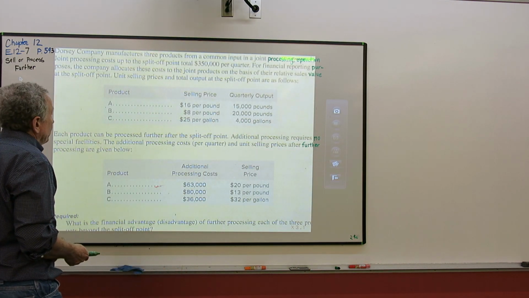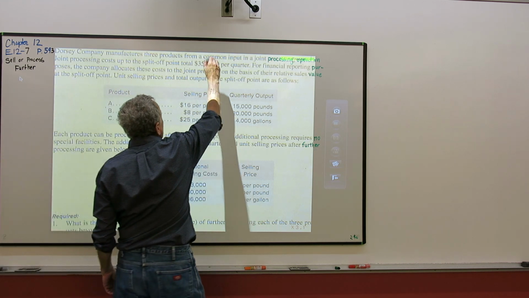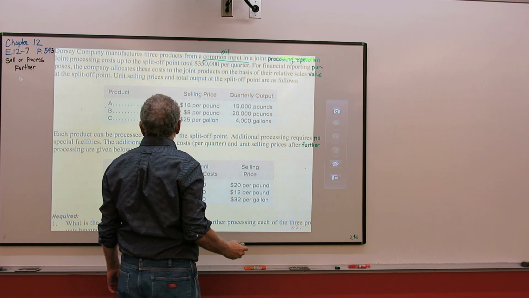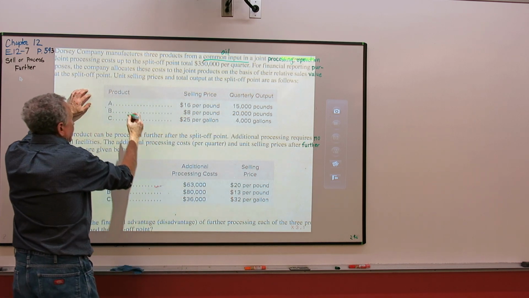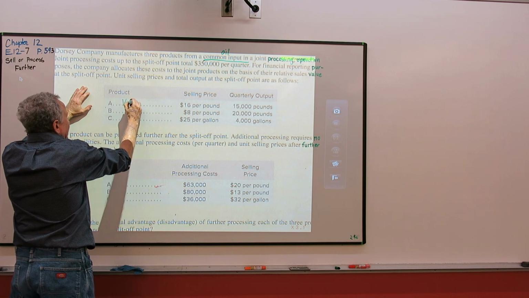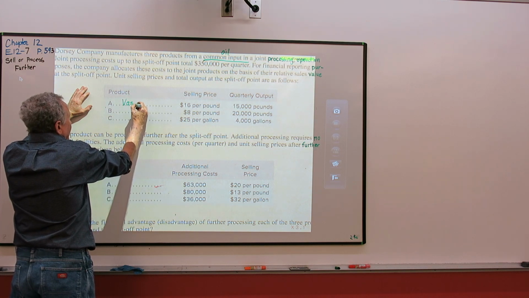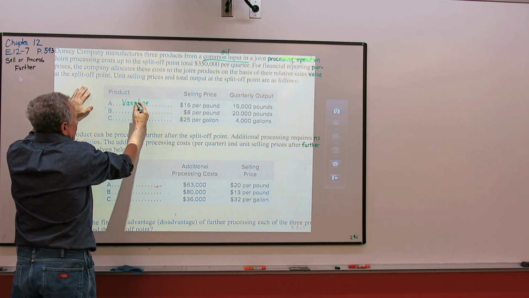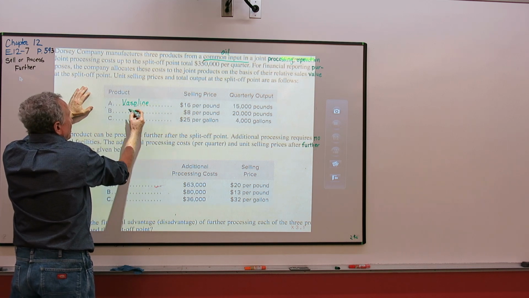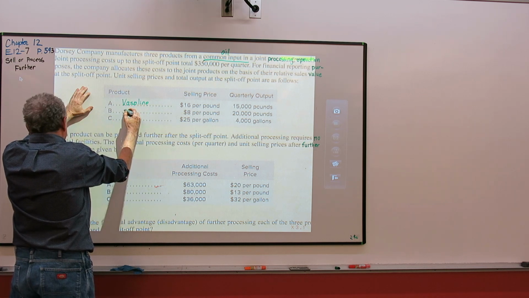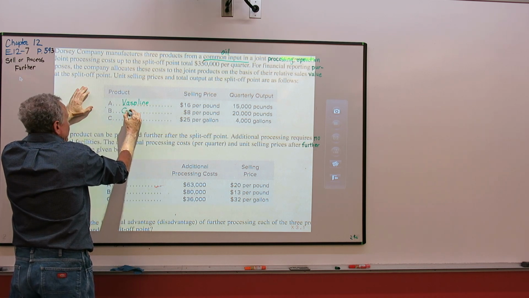Dorsey Company manufactures 3 products from a common input, and the input is oil. Let me see. This is Vaseline. I don't know how to spell Vaseline. Okay, Vaseline. They make Vaseline out of oil. This is really true. They do make Vaseline out of oil. Let's say they make grease.